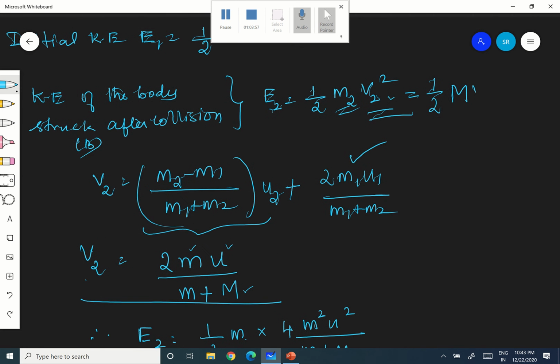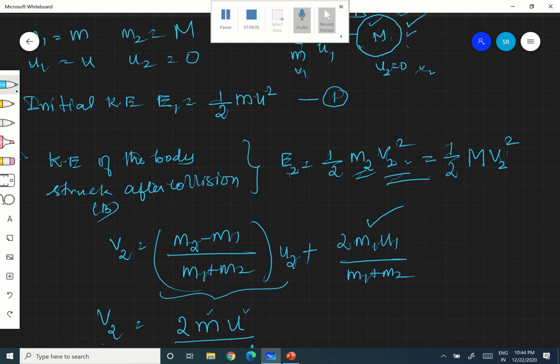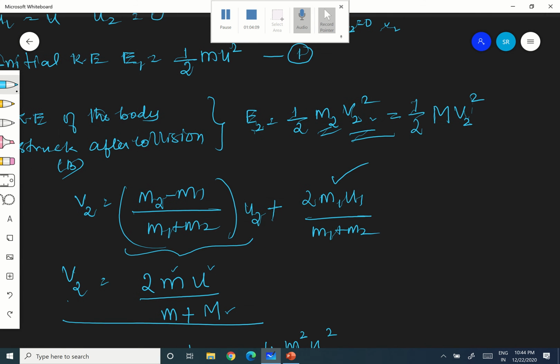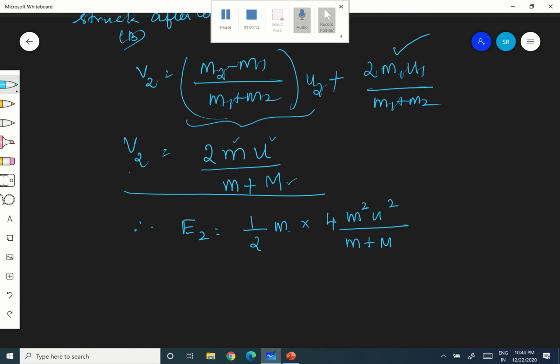M2 is equal to capital M. M1 is equal to small m, M2 is equal to capital M. Therefore here it is half capital M, and 4 m squared U squared divided by this.